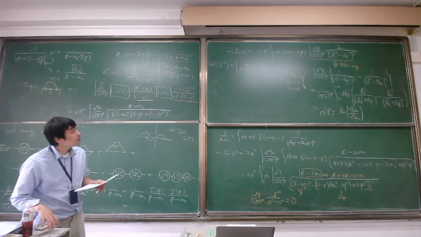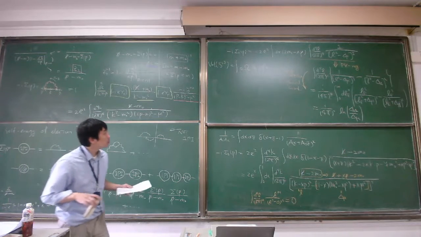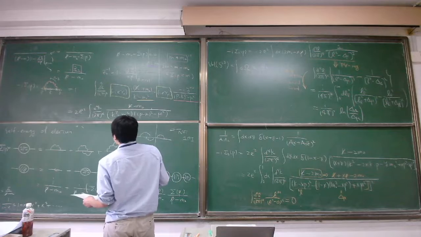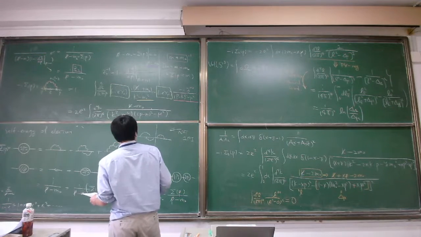Oh, did I put the m0 everywhere? Okay, good. I put the m0 everywhere. And where should I erase? I think I should erase here.